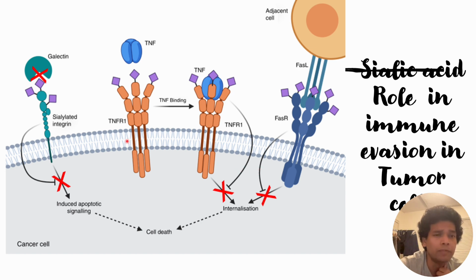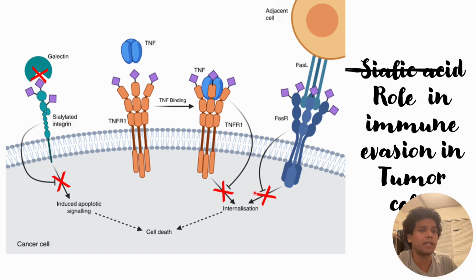What happens if the hypersialylations are produced? Suppose these sialic acid carbohydrate structures are produced on the TNFR1 and FAS receptors. Whenever the immune cells try to interact with these receptors, FAS or TNF, they will not be able to interact efficiently, because of the presence of these sialic carbohydrate structures.